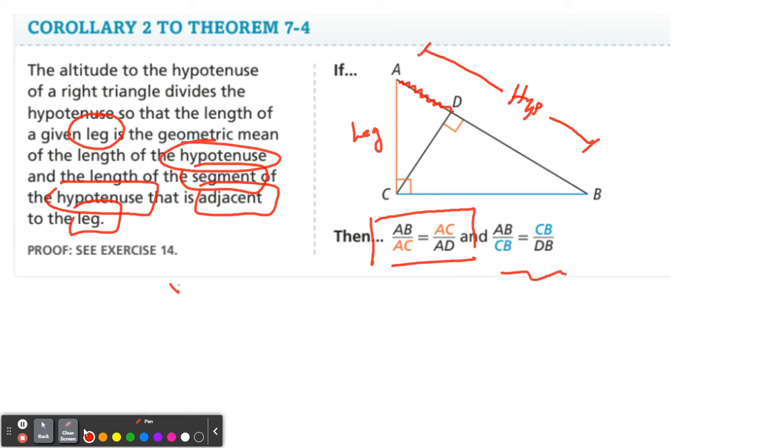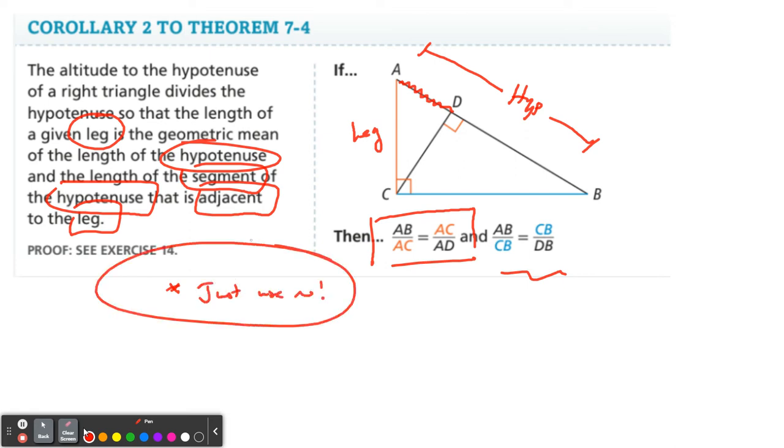Again, I'm going to just use similarity. Create your similarity statement between the two triangles and set up your proportion. In this case, we would have used the small triangle and then the big triangle. So for the altitude one, it includes the small and medium triangles. But for this leg one, you have to use the big triangle and then one of the smaller triangles.